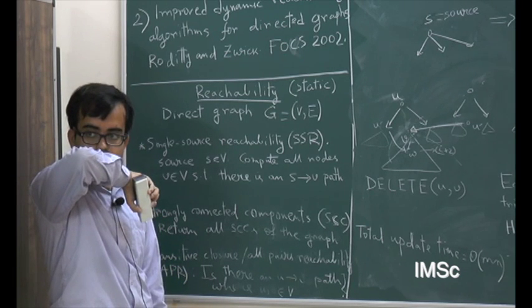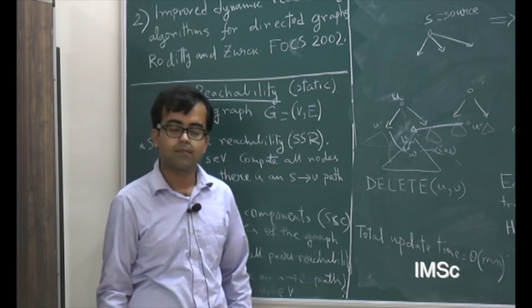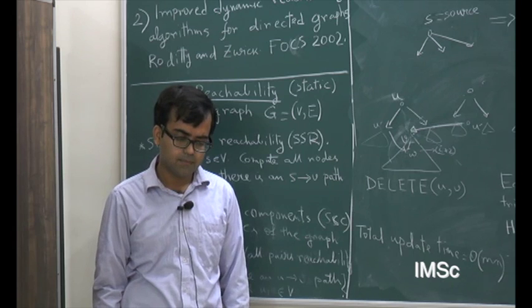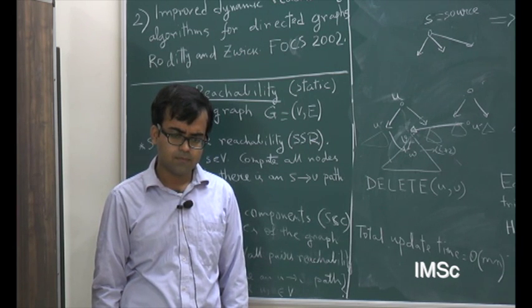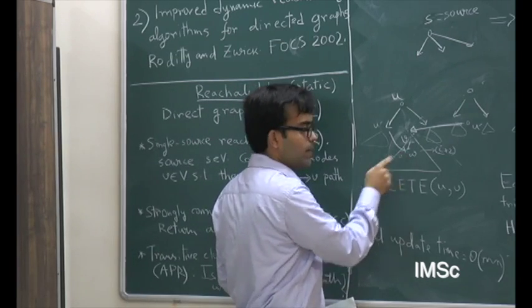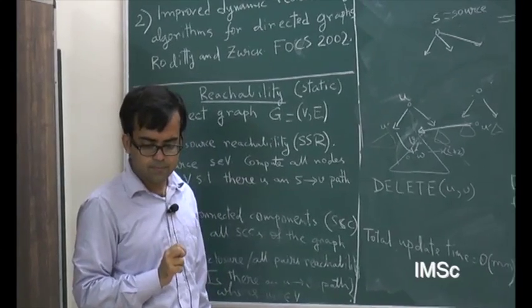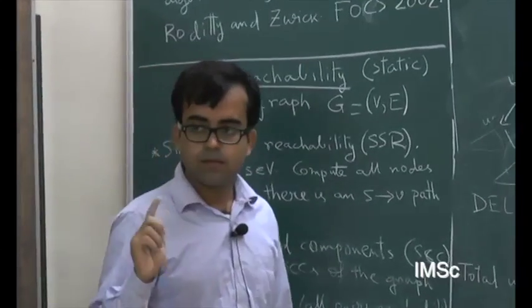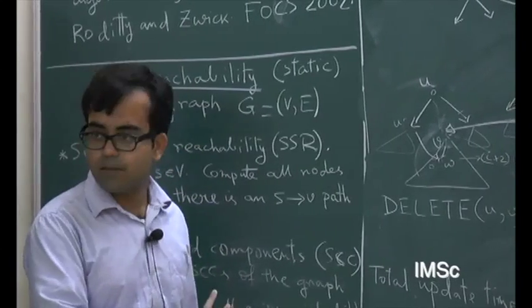So what happens is that in the new tree, one of these descendants actually becomes its ancestor. You are saying that one of these descendants will become... Basically, the tree gets relocated, the child becomes the root of the subtree. Okay, good point. Let me now go on to the full algorithm.